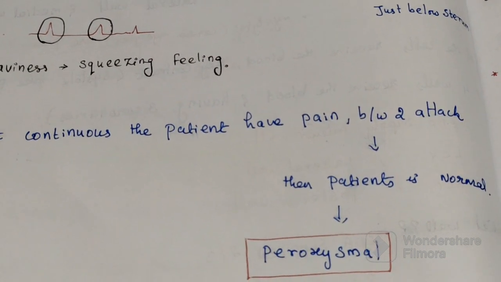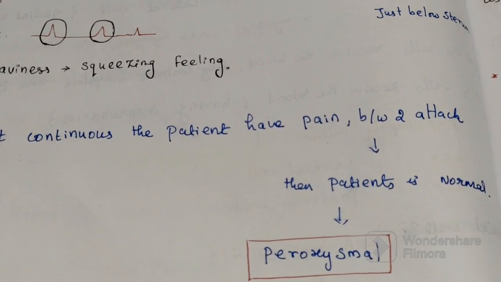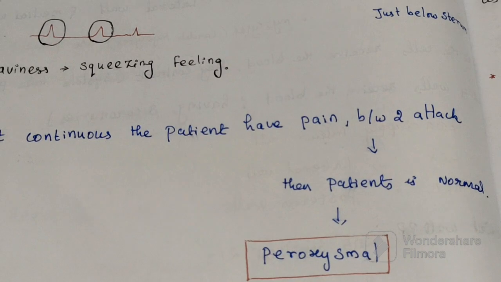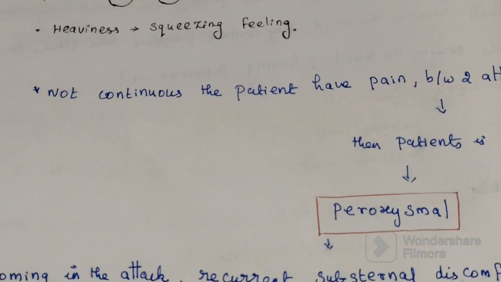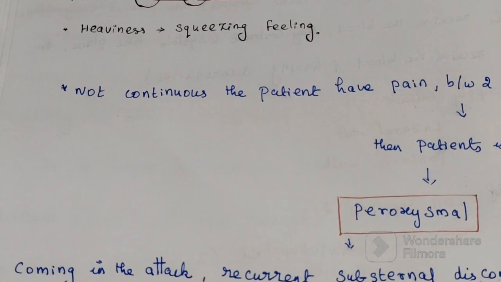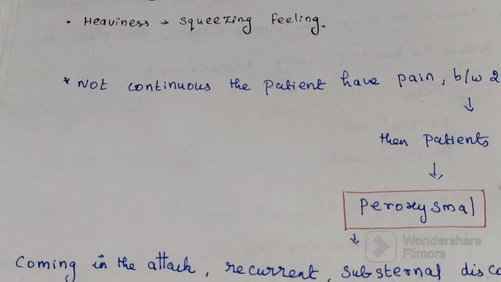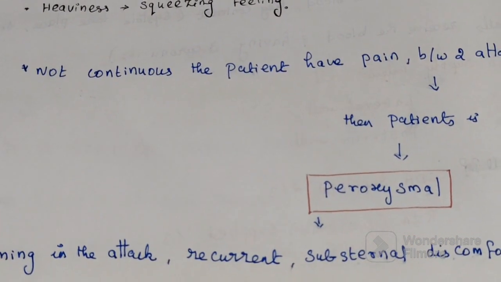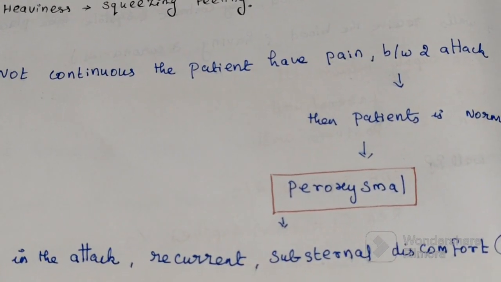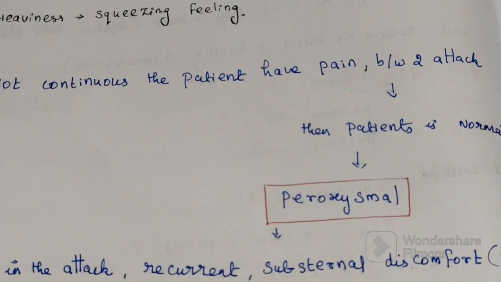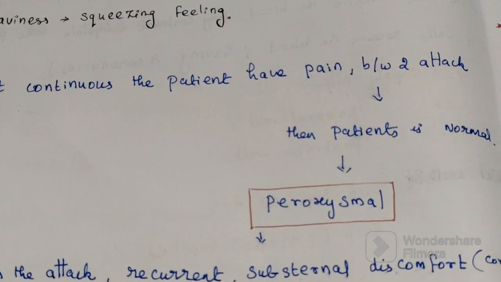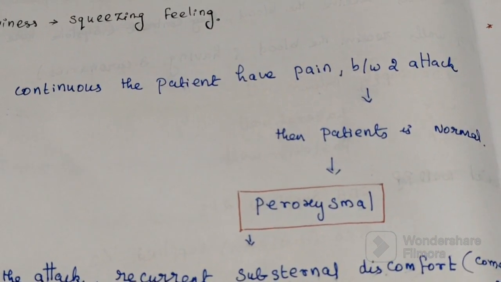In pathology we call this paroxysmal. What is paroxysmal? The disease is coming in attacks. It is recurrent, again and again the attack comes, and it is substernal discomfort, not pain.